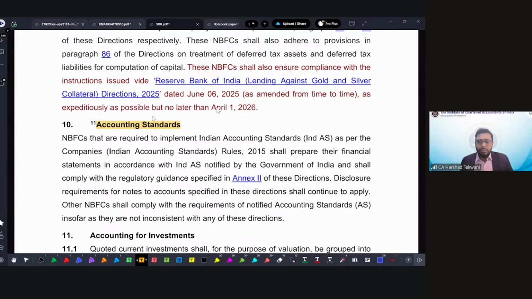No. Which division is applicable with respect to Schedule 3 for NBFC? Division 2 is ours. Division 3, sir. Yes, Division 3 is applicable with respect to the NBFCs. There is a specific division, Division 3.